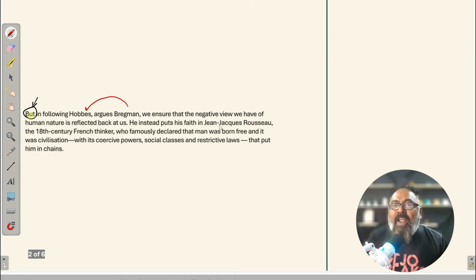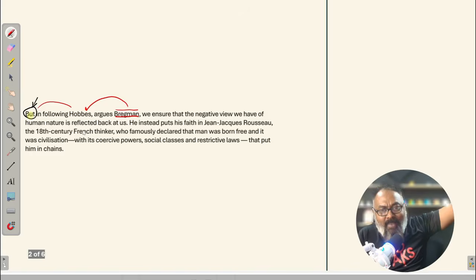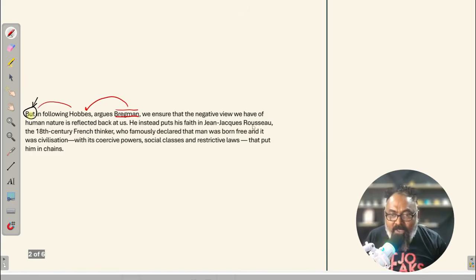He instead puts his faith in Jean-Jacques Rousseau. Oh, now who is the hero? We are sticking to Bregman, but Hobbes has left the party. Faith in Rousseau, the 18th century thinker who famously declared that man was born free, and it was civilization with its coercive social class and restrictive rules that put him in chains.